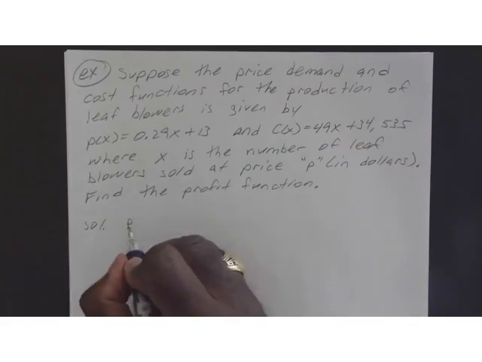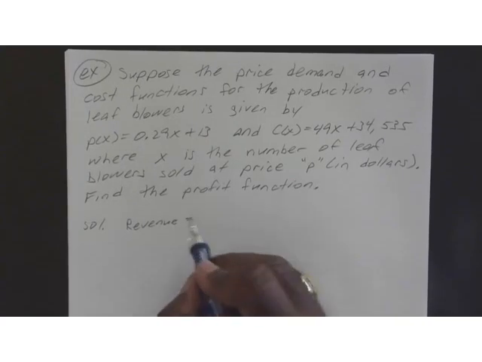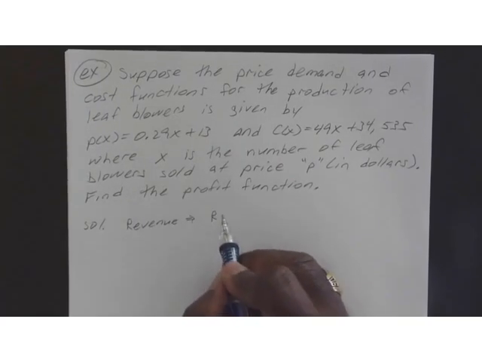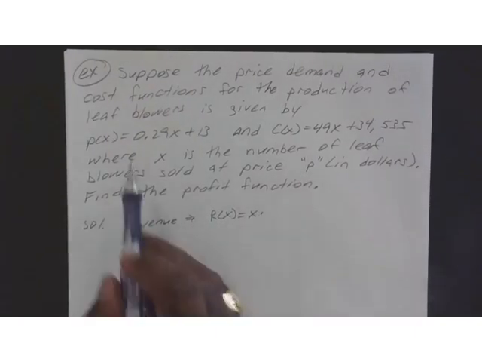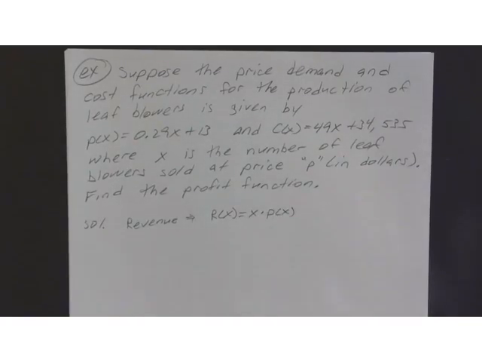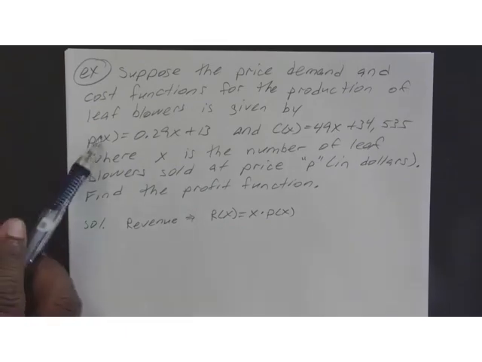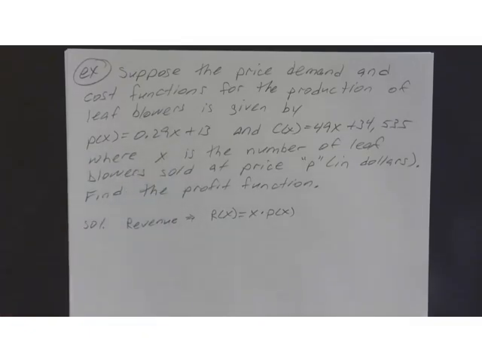And remember that your revenue function is equal to X times P of X. Sometimes instead of P of X, they may just have P is equal to 0.29X plus 13, same thing. Sometimes they'll put the independent variable, sometimes they won't.